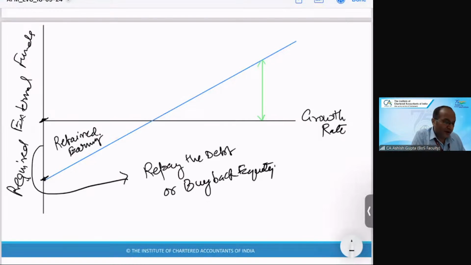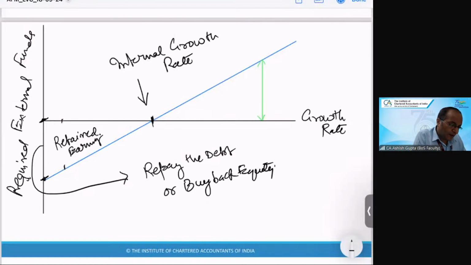However, if we pay some dividend, our growth will be limited accordingly. Similarly, at this point will be the internal growth rate, because here we are using our internal sources. These are our internal sources that we are using. So ultimately we can achieve here the internal growth rate.